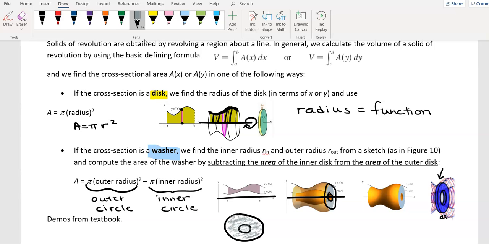All of this gray would be the big circle's area, and we would be subtracting out the center portion, and that would leave us with this washer shape for our area. And so that's where they get this large area function, the outer circle minus the inner circle.